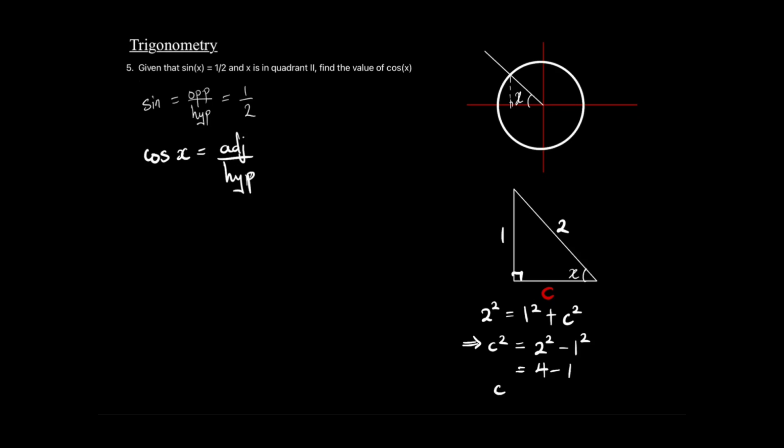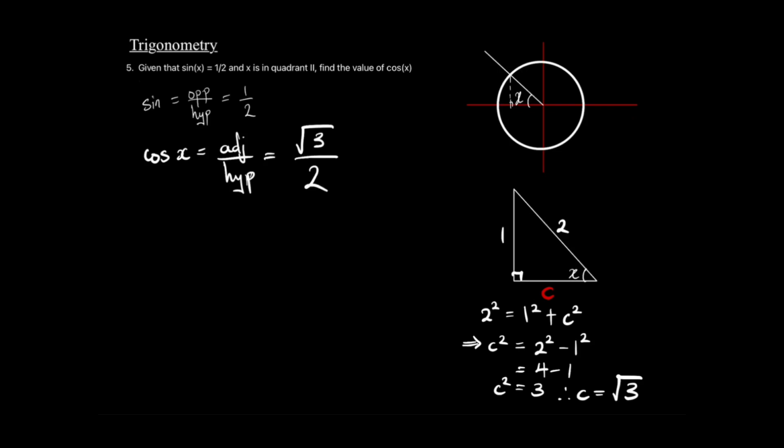So c squared equals 3. Therefore, c is equal to the square root of 3. Now that we know that c is equal to the square root of 3, we can now conclude that cosine x equals square root of 3 divided by 2.